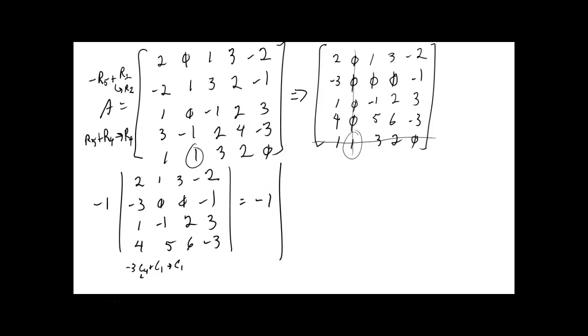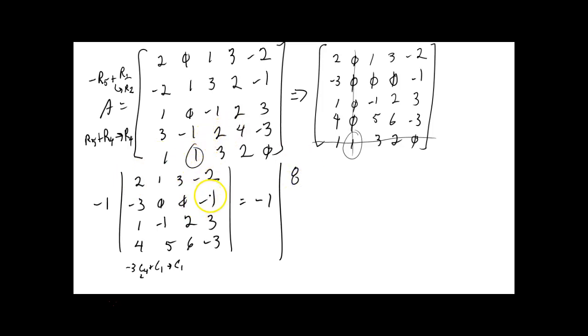Okay. Column operations. So, we're changing the first column by minus 3 times column 4. What would that first entry be then? Minus 3 times minus 2 is 6, plus 2 is 8.